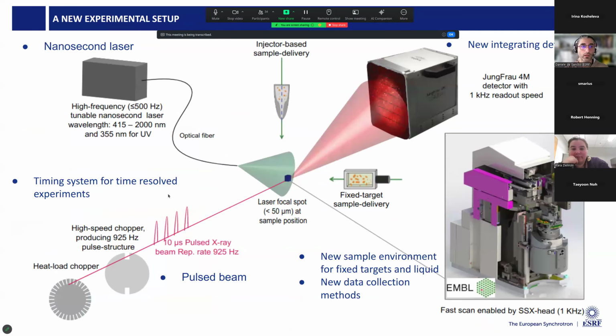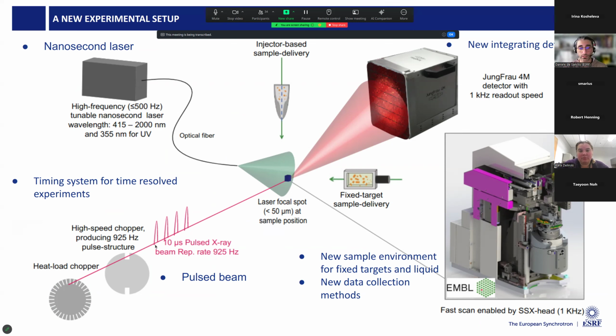So this is a bit of an overview of the experimental setup. I said we have 2 choppers. We can produce up to the maximum repetition rate of 925. And again, this is not a very round number, because it's an integer division of the radio frequency of the storage ring.